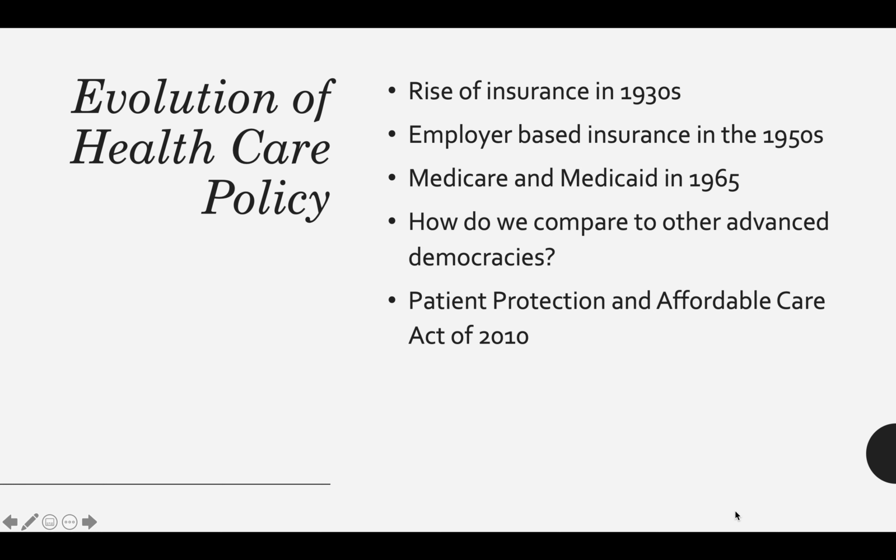So one of the issues with our healthcare system is that there aren't healthy people paying into the system to offset the costs of people that are using the care. So in order to incentivize healthy people to maintain insurance, the Affordable Care Act mandated, with a penalty for those who did not get insurance through the insurance marketplace if they don't have employer-based insurance.